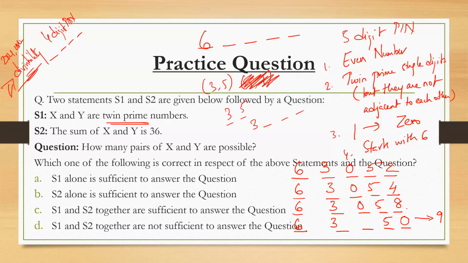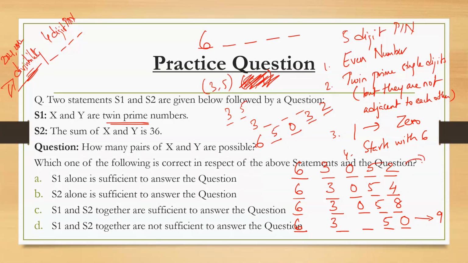Now what Manisha has said is also right. Here we have assumed that 3 and 5 are here, we can interchange also. One of the possibilities will be 6 0 2, and here 3 and 5 are getting interchanged, that is 5 and 3. I hope this is clear, everyone.